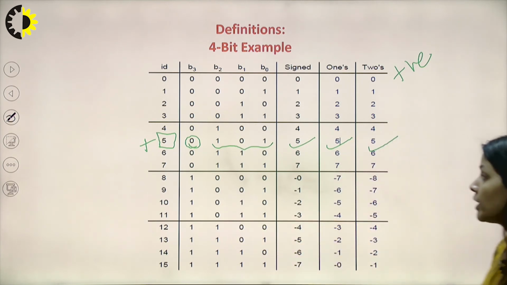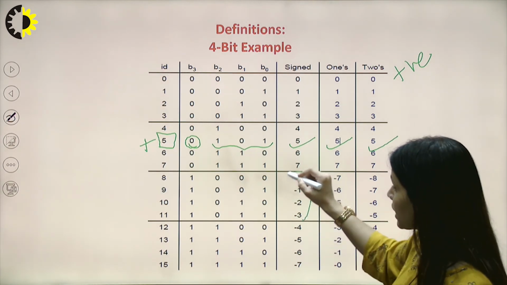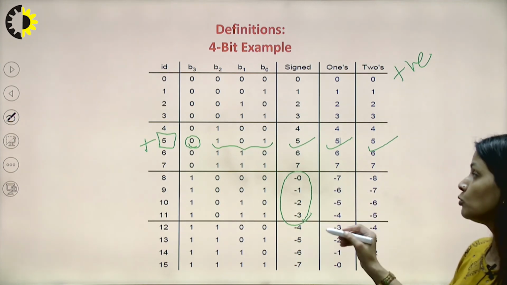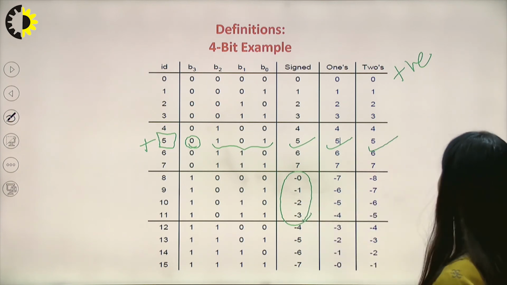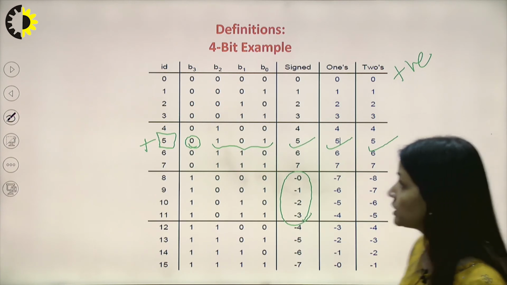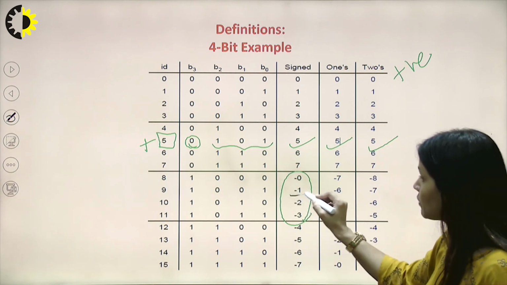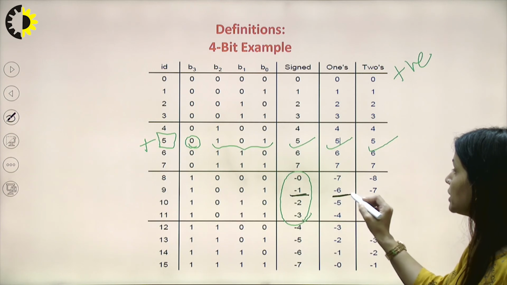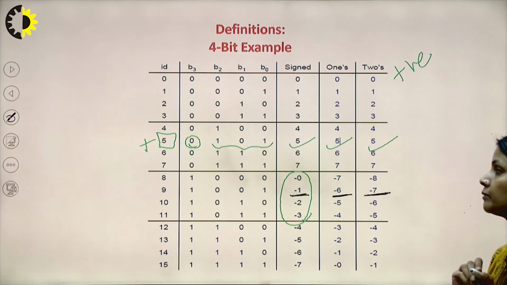But if the number is negative, then the 1's and 2's complement values will change. As we can see, for this, -1 in sign magnitude is -6 in 1's complement form, and in 2's complement form it is -7. How do we calculate this?